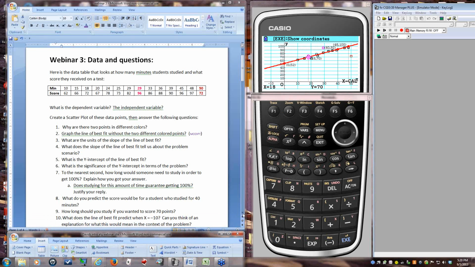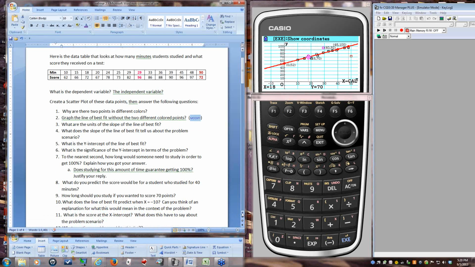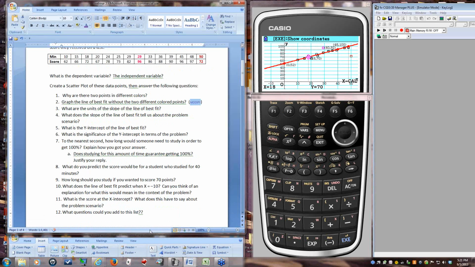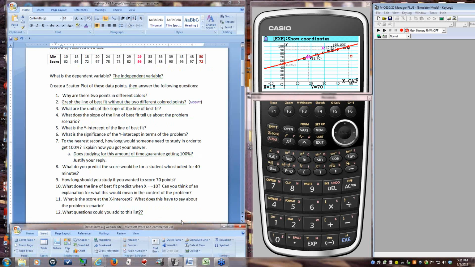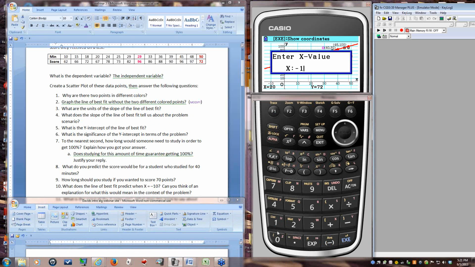An interesting one that's come up when I've done this with teachers is what happens if you put in a negative number? So what does the line of best fit predict when x is negative 10? So I'm going to hit trace and enter negative 10.